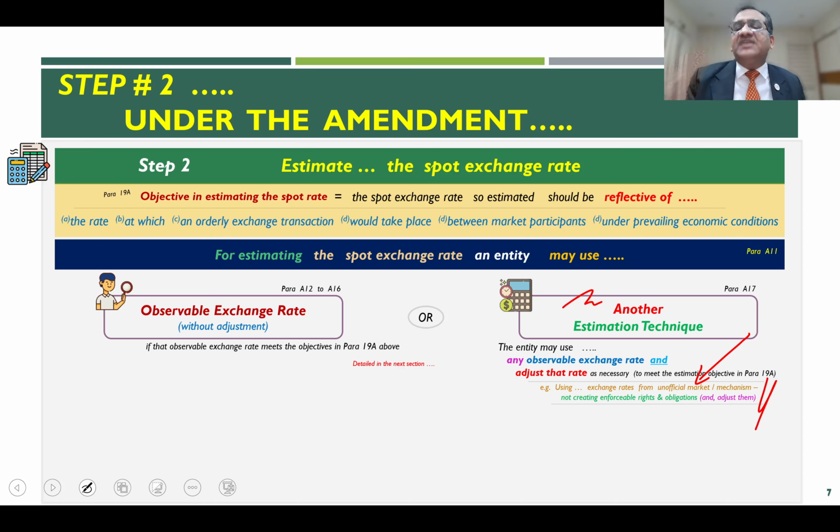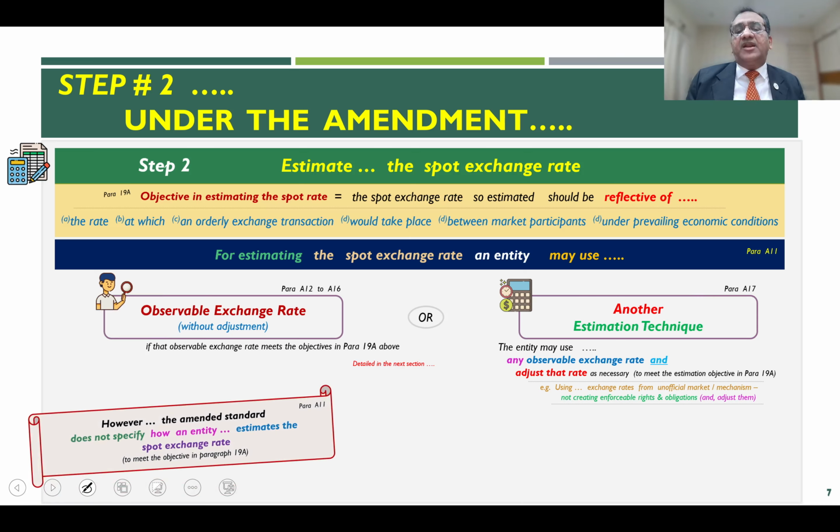That rate is only a starting point for you. You got to appropriately adjust them and then arrive at your estimated spot exchange rate in this particular methodology. Okay, so these are the two broad techniques which have been given.